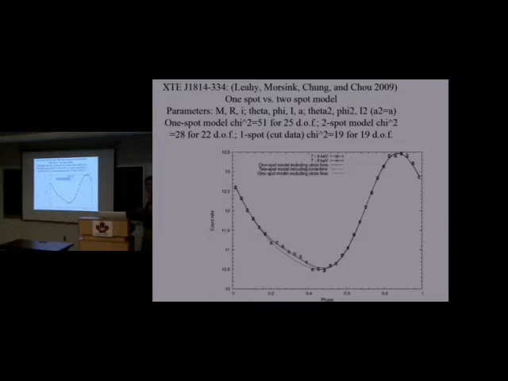How are you choosing the size of your spots? It doesn't matter a lot. In this case, we chose a spot with a 3-kilometer diameter, while the neutron star radius is 50, so it's about 10% of the diameter of the star.